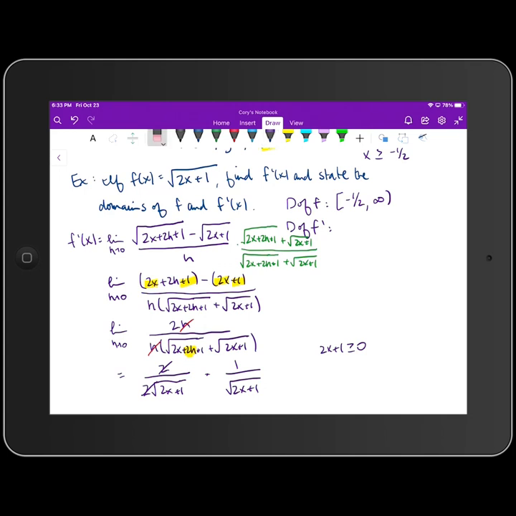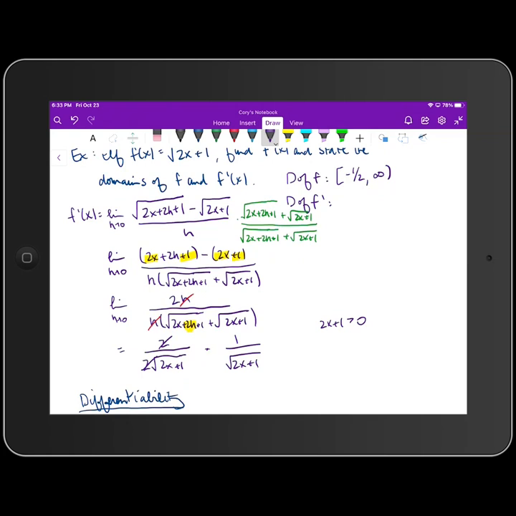So I'm going to change that sign from greater than or equal to greater than. So when we solve that inequality for x, that's going to give me the domain of f prime, which is x is greater than negative 1/2. Okay, so that would be the open interval from negative 1/2 to infinity.